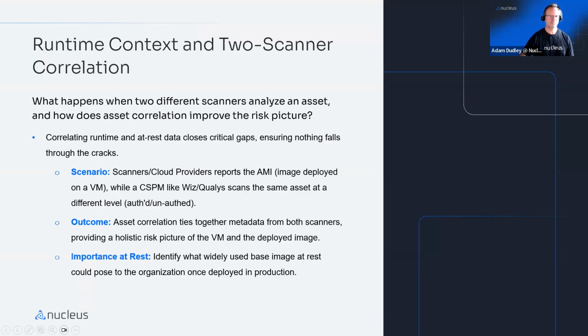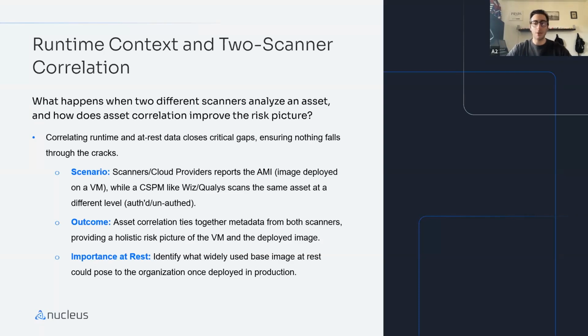So next, for a case of what we're talking about here, runtime context and two scanner correlation. It's just like the example I've been speaking about, which is when you have an endpoint agent deployed on a host, such as CrowdStrike, Sentinel-1, Qualys, and then you have an authenticated scan coming in, such as Tenable or Qualys, and then you have another scanner coming in, such as Wiz.